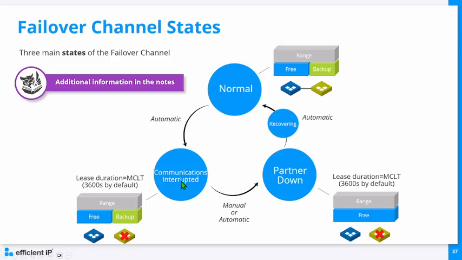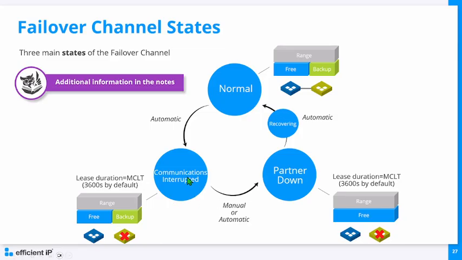Because the primary never receives the heartbeat from the secondary, the failover channel state changes to communication interrupt.